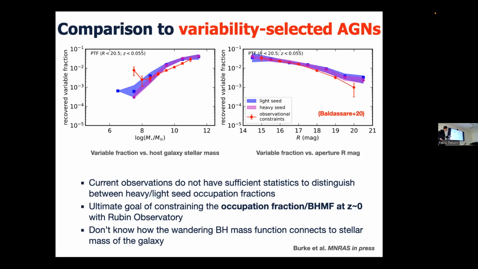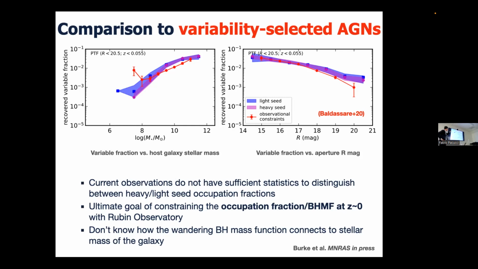So we added the cadence and the photometric precision that you would expect to get, basically the selection function from that data, and plotted our model results for the light and the heavy seed. The light seed is in blue and the heavy seed in magenta. With the PTF data, her results are shown as observational constraints in red, which is just the variable fraction, again, versus stellar mass.